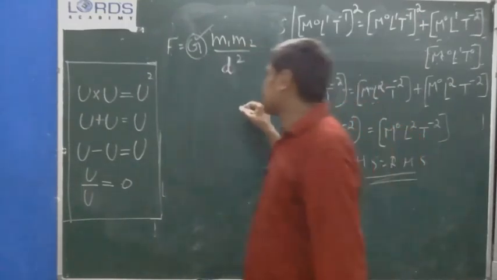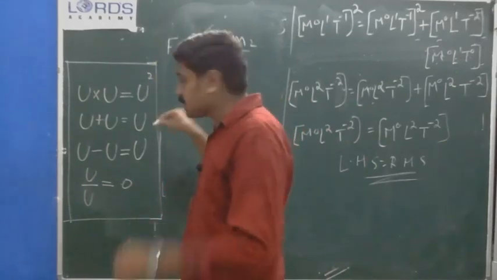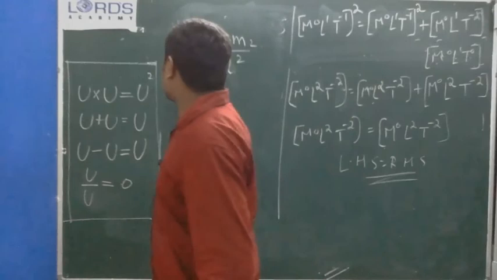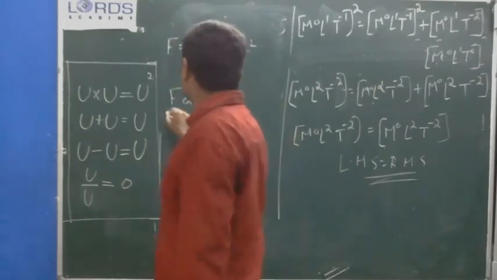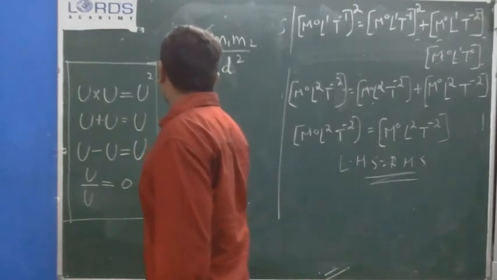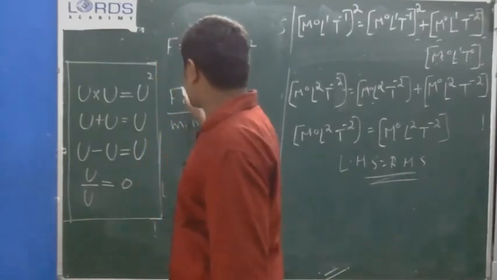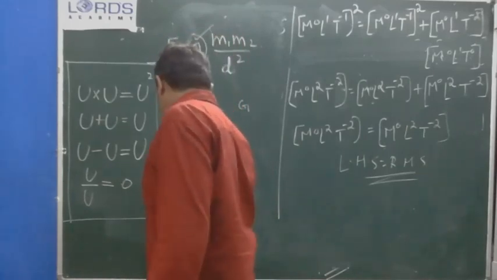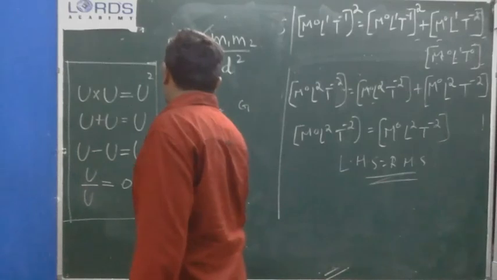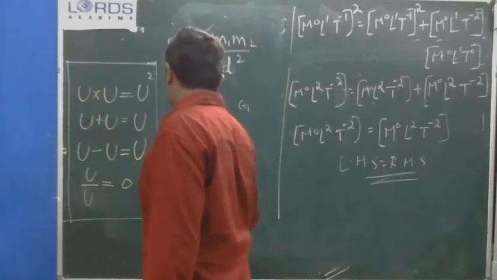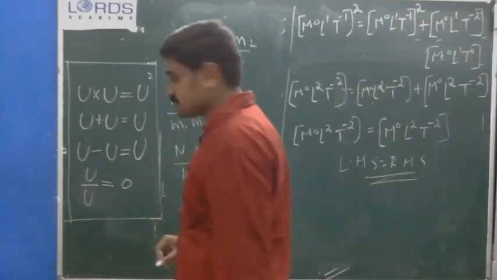You can find it out. Take d square here. So F into d square by m1 m2 is G. So the unit is Newton meter square divided by kilogram into kilogram, so kilogram square.